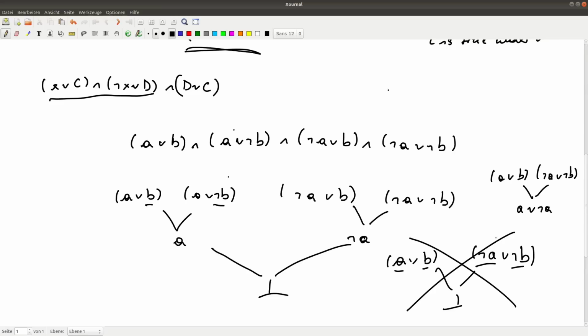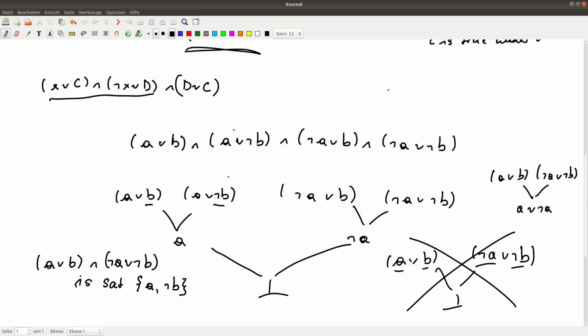And we immediately see that this derivation here is incorrect, because if we have the formula A or B and not A or not B, then this is a formula which is satisfiable. For example, A not B is a model.